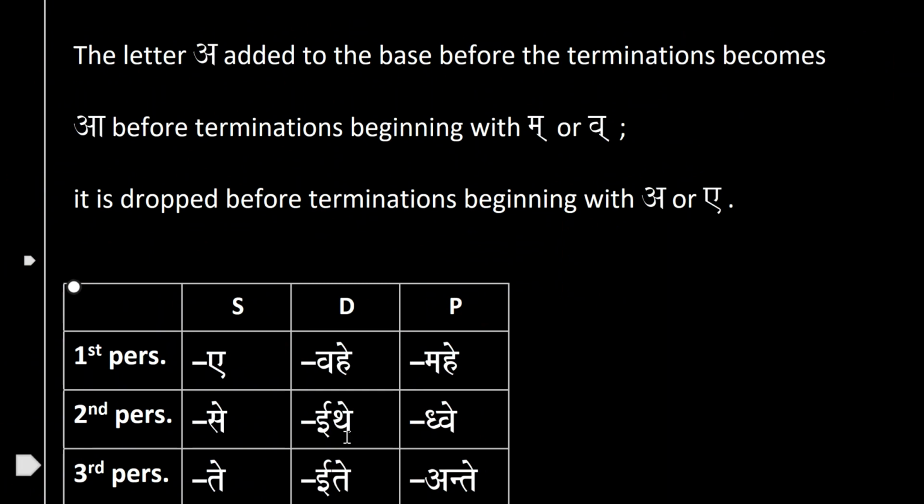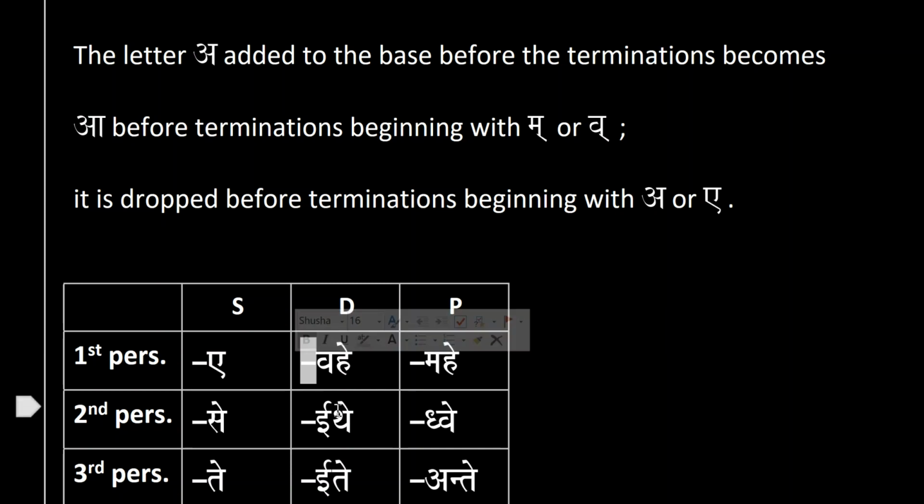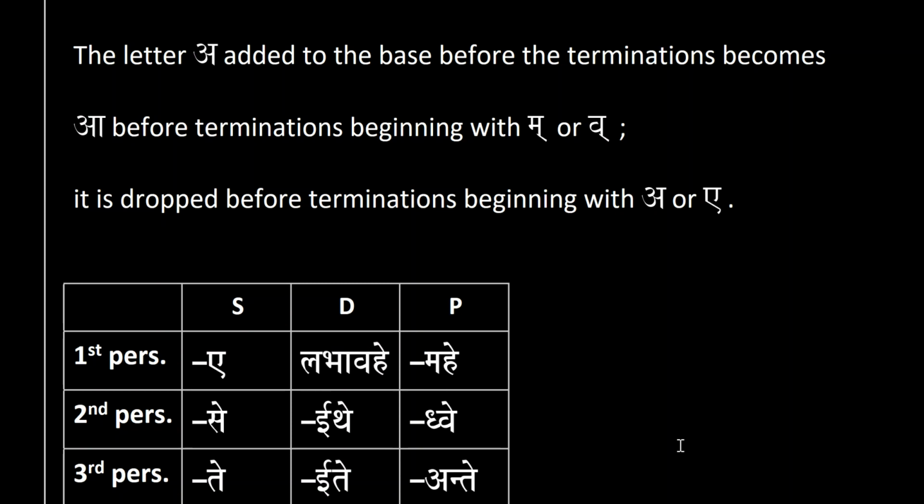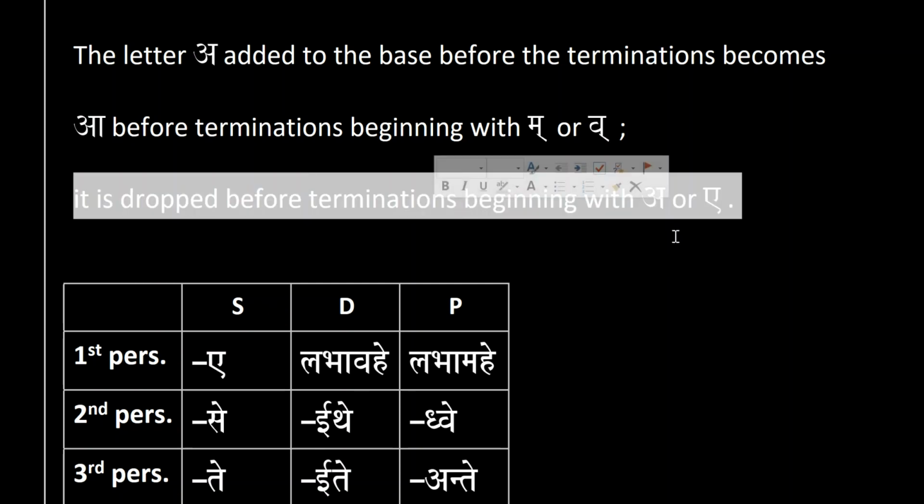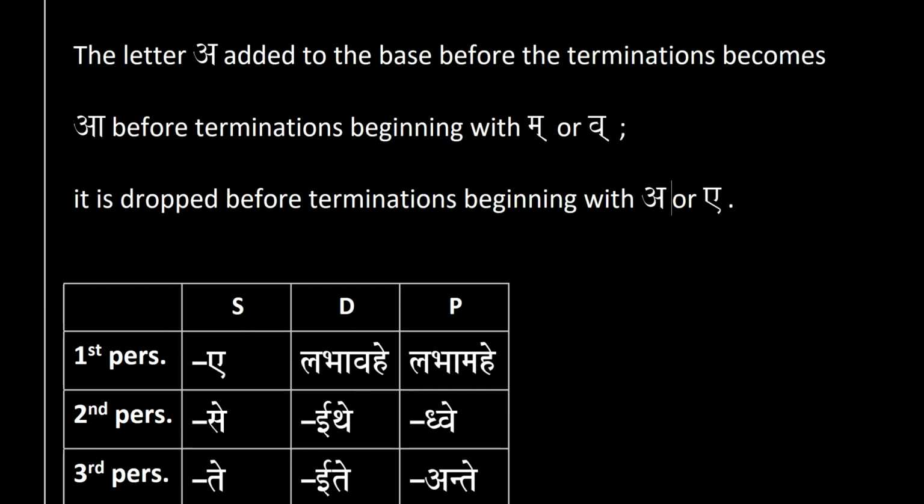So let's look at the ones beginning with ma or va. They're right here. Vahe and mahe. So it becomes ā. So then we should end up with not labha only, but labhāvahe, and then we have labhāmahe. Okay, fine. And then it is dropped before the terminations beginning with a or e.